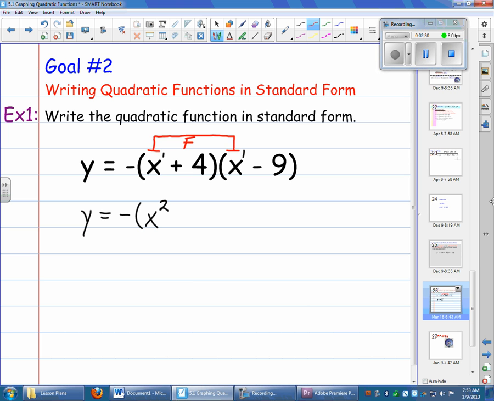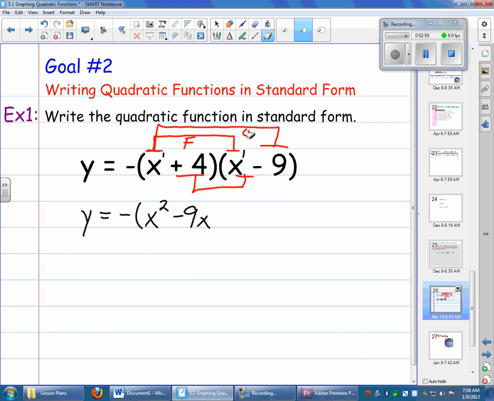After that, we'll multiply the O of the FOIL process, which is the two outside terms. So we'll take x times -9, and we'll get -9x there. After the O comes the I of FOIL. We multiply the two innermost terms, the two inside terms.